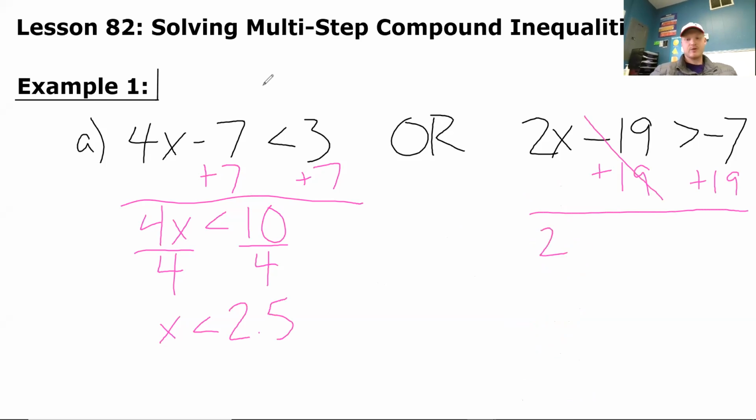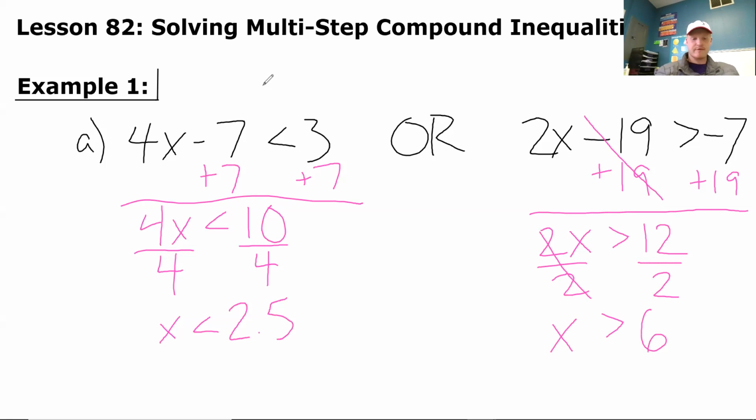We're left with 2x is greater than, so negative 7 plus 19, which is essentially just 19 minus 7, which gives us 12. Divide by 2 to both sides of our inequality here. The 2s cancel out. I'm left with x is greater than 6. And that is what they also have in the book.